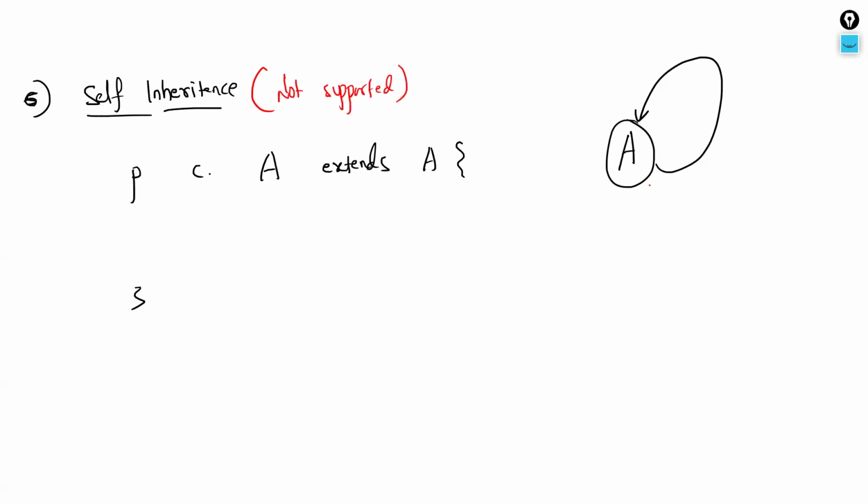Then this is also called, it looks like A to B, then B to C, then A to C also. What is that? It's cyclic. Cyclic inheritance is one more.